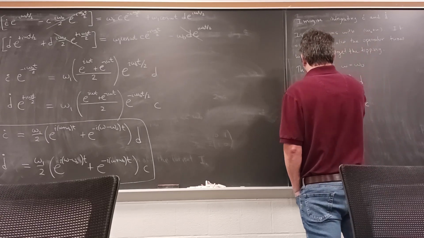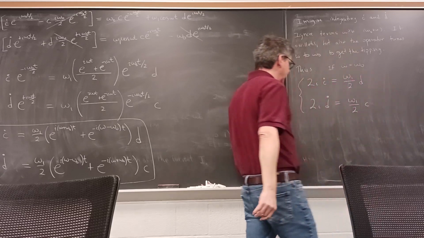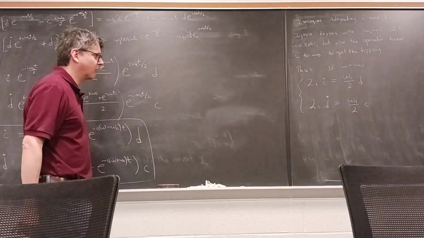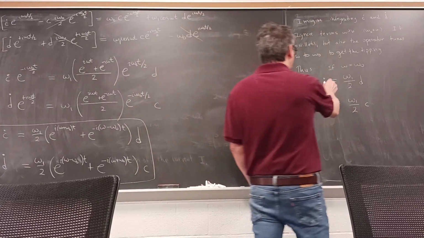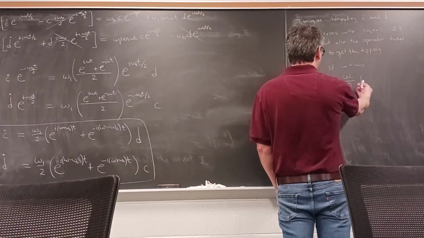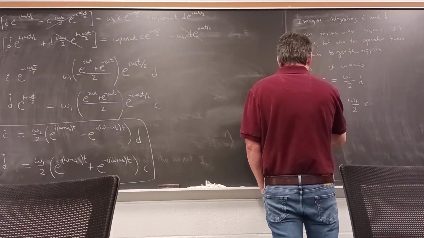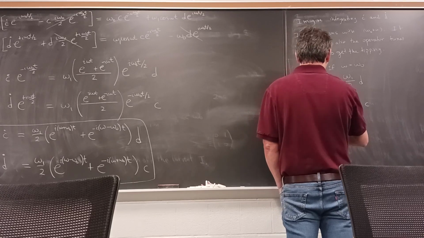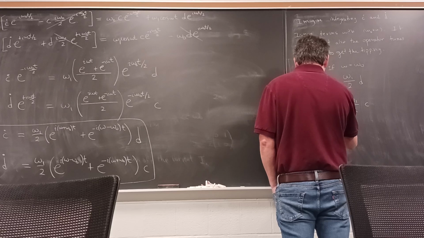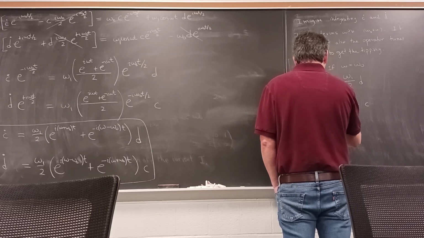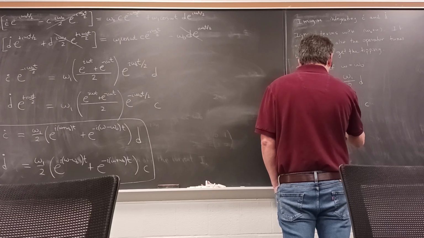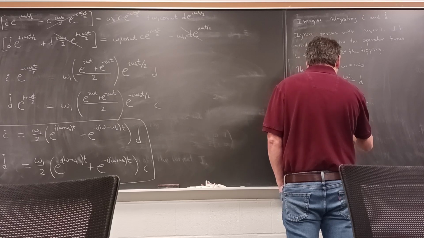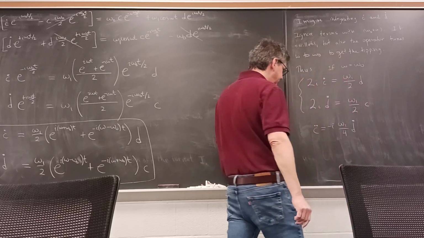Okay, so now we have some really simple things we can work with, right? So I can take the derivative of the top. First of all, just solve for C dot and take the second derivative. So I'll have C double dot is equal to minus i omega 1 over 4 D dot.